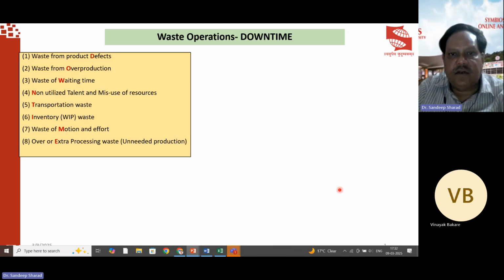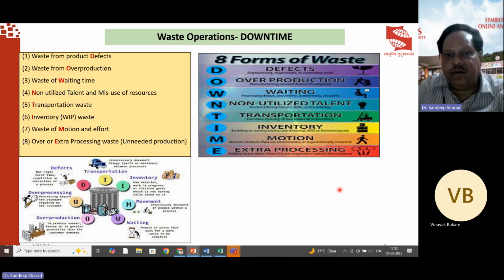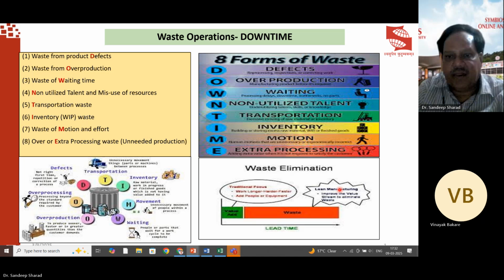So these are the total eight wastes we can consider under the nomenclature of downtime: defects, overproduction, waiting, non-utilized talent, transportation, inventory, motion, and extra processing.